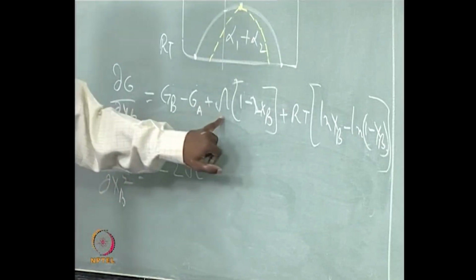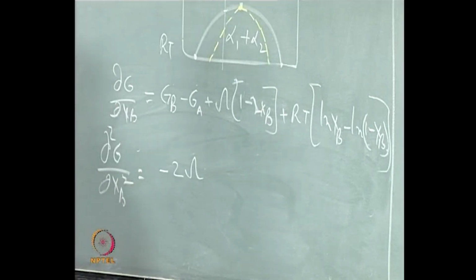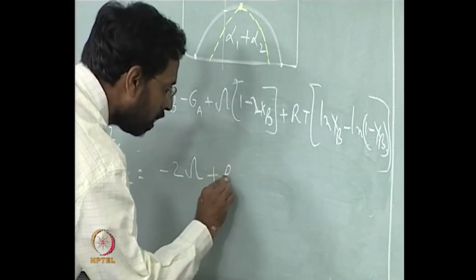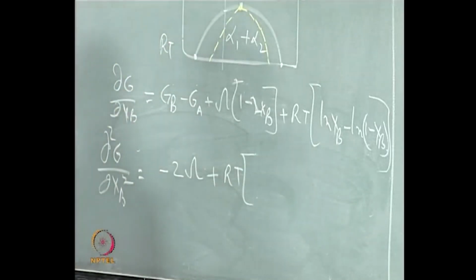The derivative of omega minus 2 omega x b is minus 2 omega, plus R T into the derivative of ln of x b, which is nothing but 1 by x b, am I right?